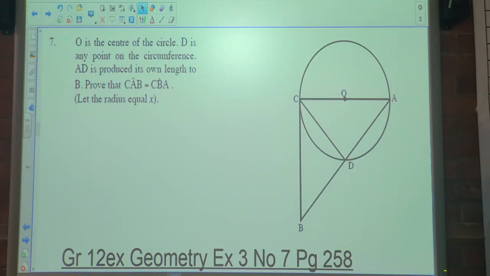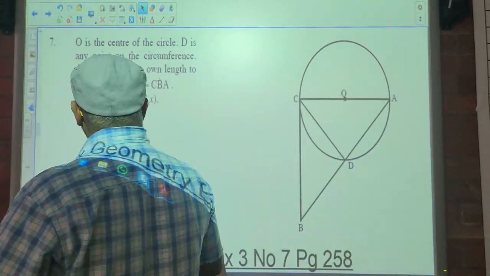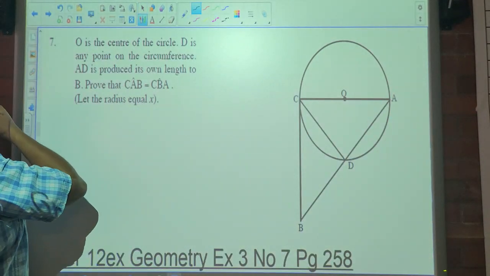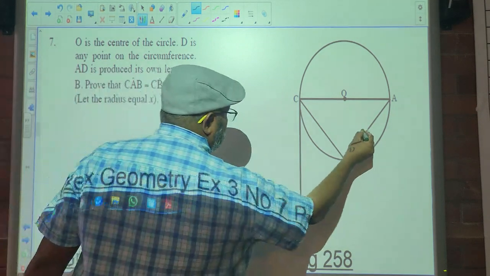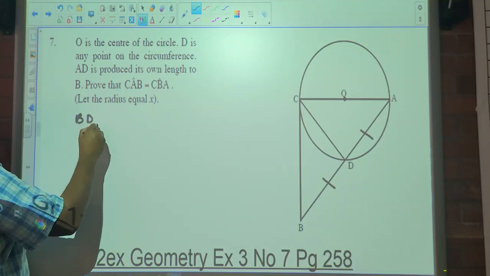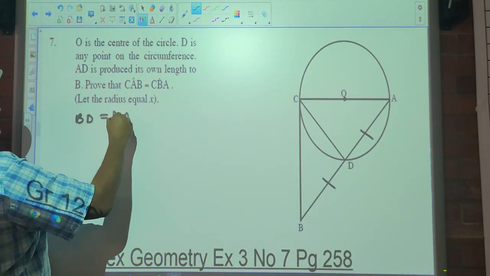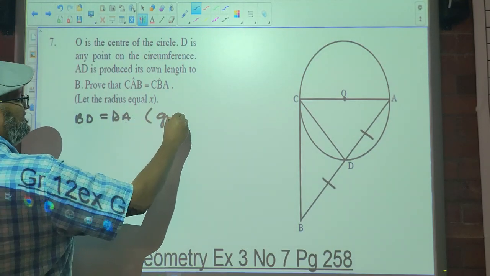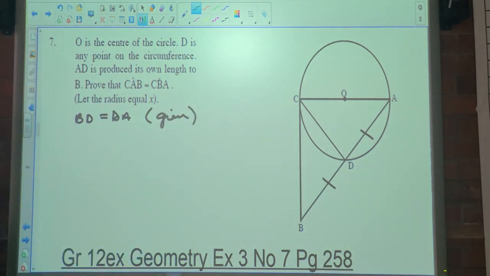You understand? So I'm going to mark this here. Now I'm going to write it down before I forget. So BD is equal to DA. Why? Given that AD is produced its own length.